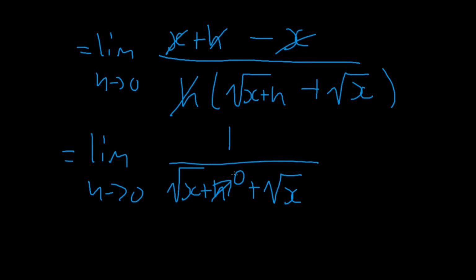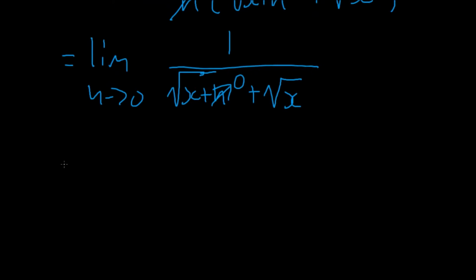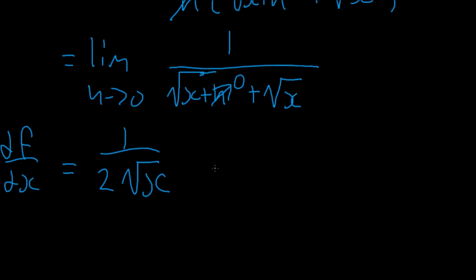And when h turns into 0 here, it's going to be root x plus root x. So we have 2 square root x's. So df by dx is going to equal 1 over 2 root x. Now, another way to write the square root of x is to write it as x to the power of 1/2. Curious that we have a 1/2 term here for our polynomial.